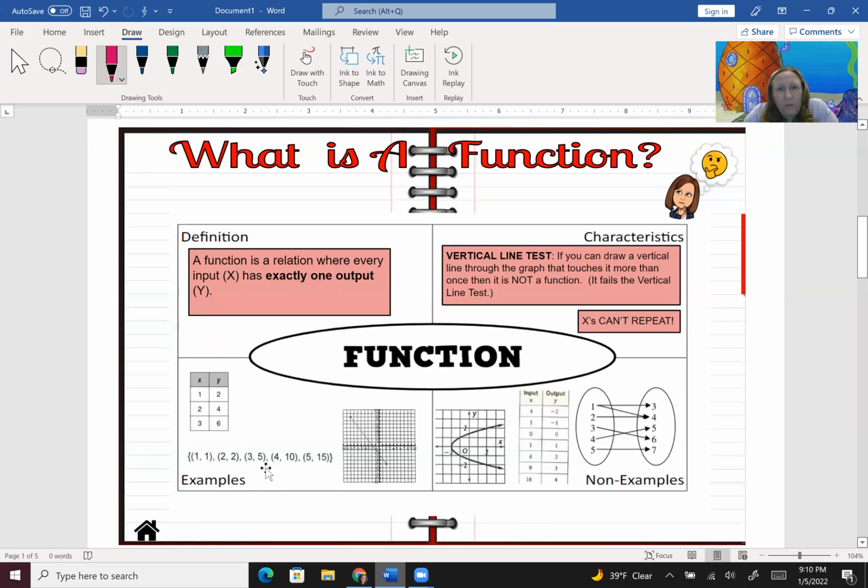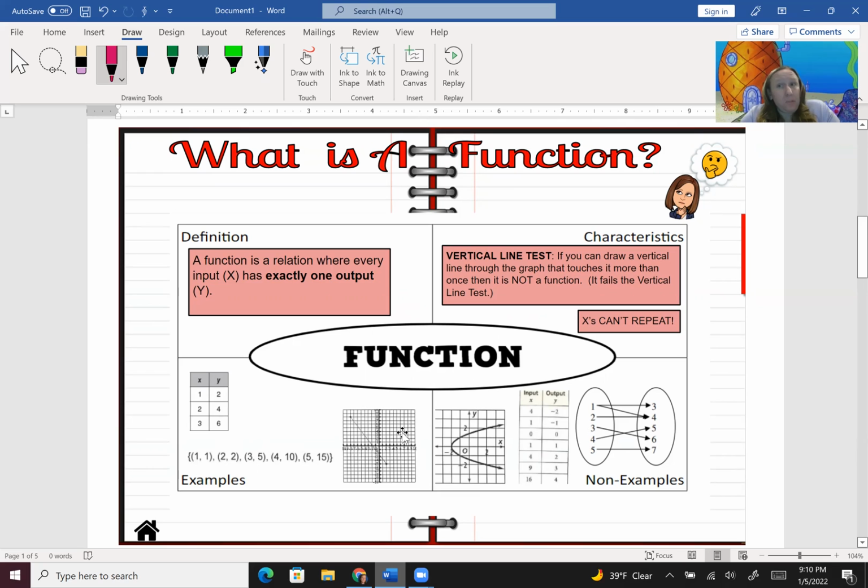We have our string of ordered pairs right here. 1 is paired with 1, 2 with 2, 3 with 5, 4 with 10, and 5 with 15. I think the ordered pairs are probably the hardest ones to see because they're written out horizontally, so you have to be careful and make sure no x is paired with more than one y. But hopefully we can see here that each x is only paired with one y value. So this one is a function.